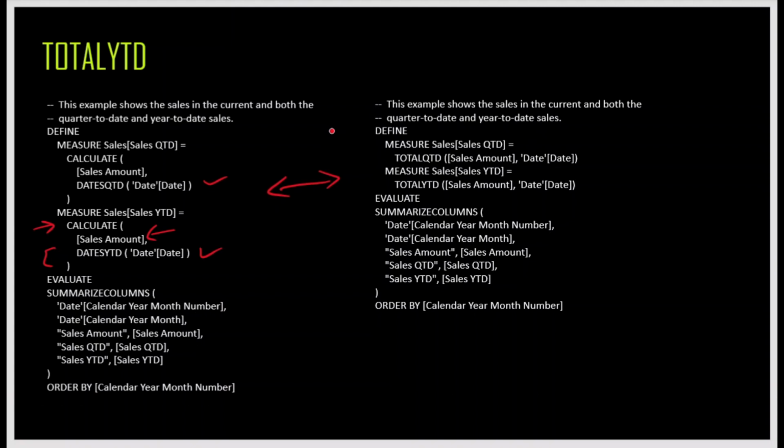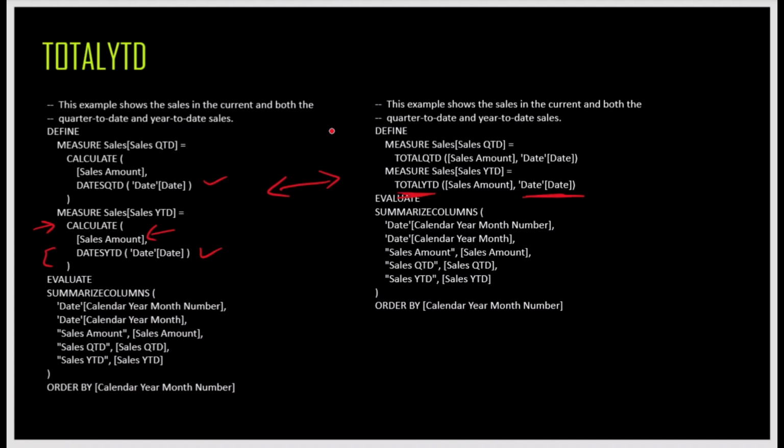So what we can do is, instead of CALCULATE and DATESYTD, we can use TOTALYTD function in order to do the same calculation. So for TOTALYTD, we can use the sales amount, which is a measure that we have created, and we need to specify the date, and this will give exactly the same result as sales YTD, which we have seen previously.